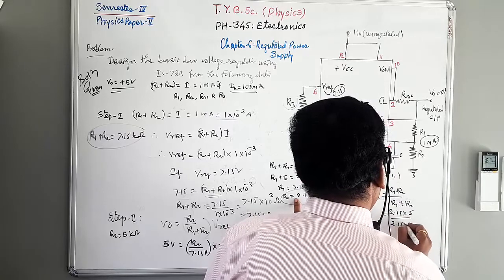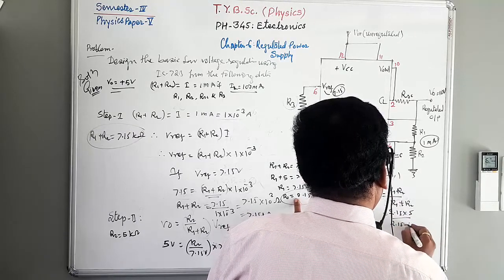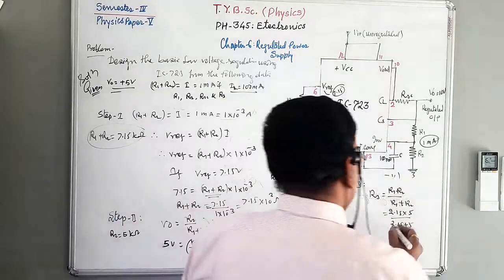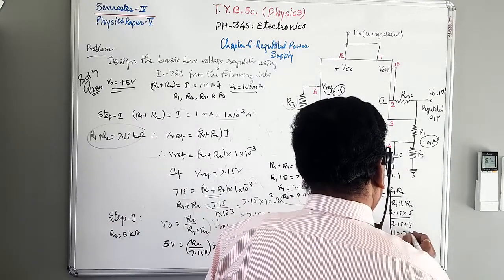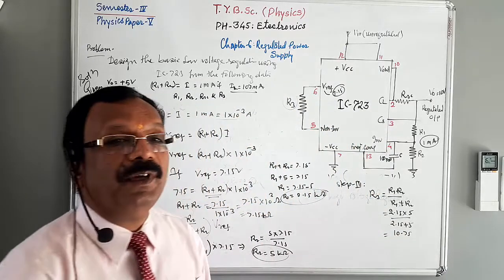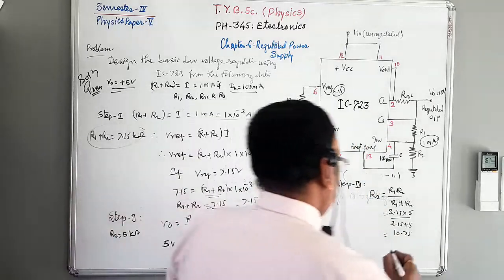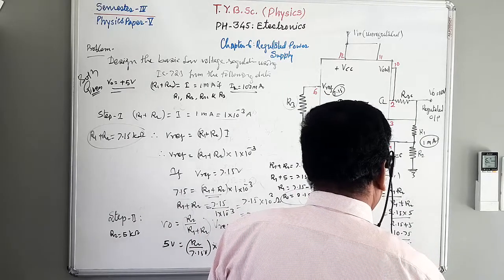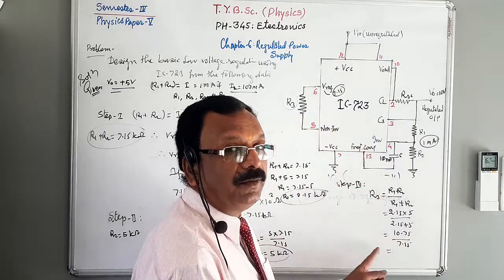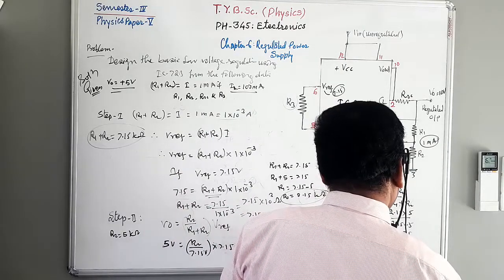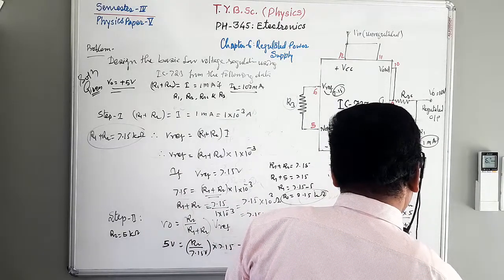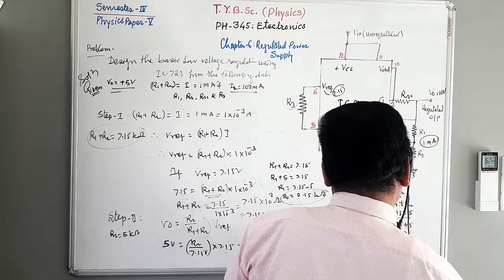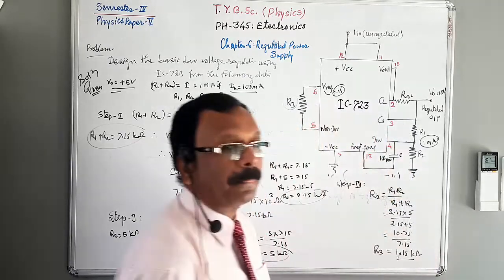Make the calculation: 2.15 into 5 is 10.75, divided by 2.15 plus 5, which is 7.15. Do this calculation, you will get 1.5 kilo ohm. This is R3.